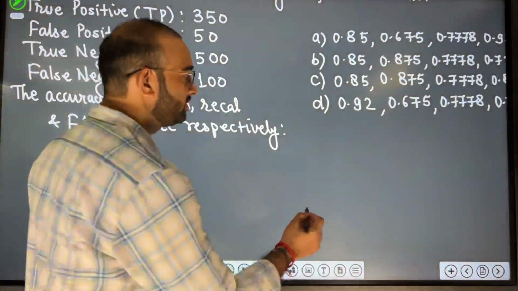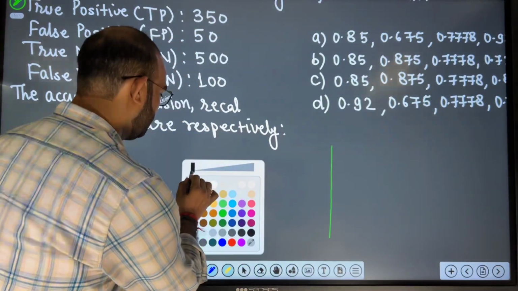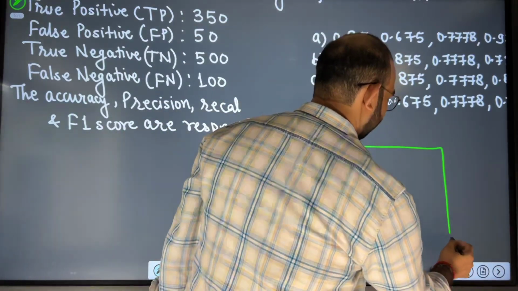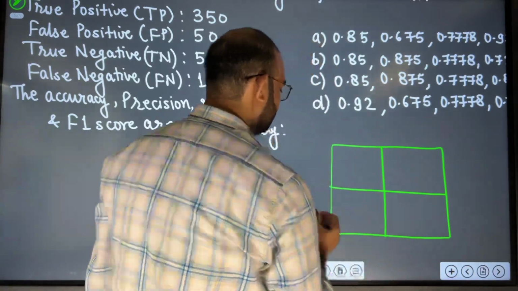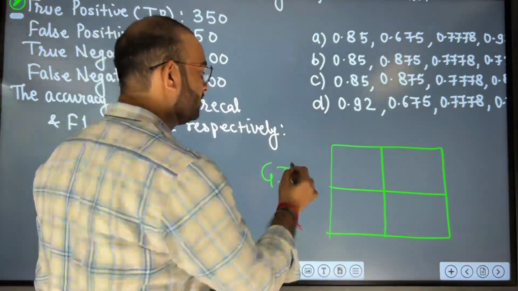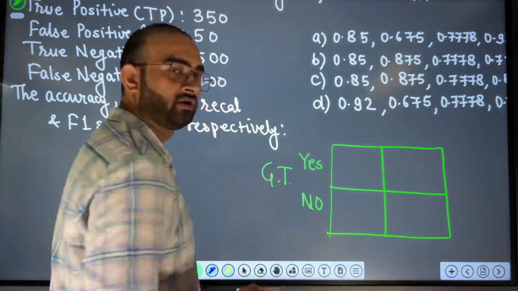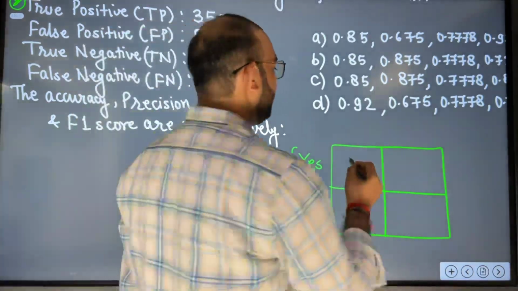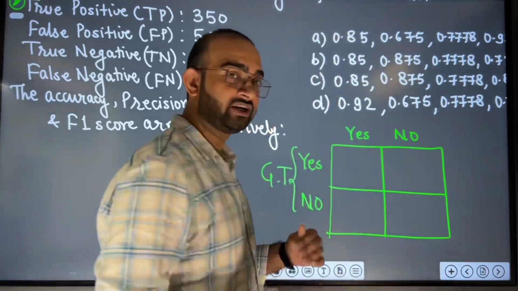So if I'm talking about the confusion matrix, let's assume we have a ground truth, and this is our ground truth. That means this was the actual scenario. For example, we have 2 classes, yes and no, binary classification. So this is our ground truth, and yes and no are the model's prediction.